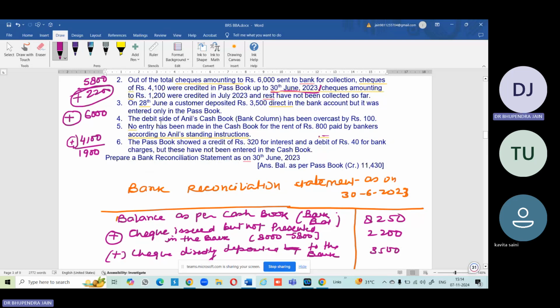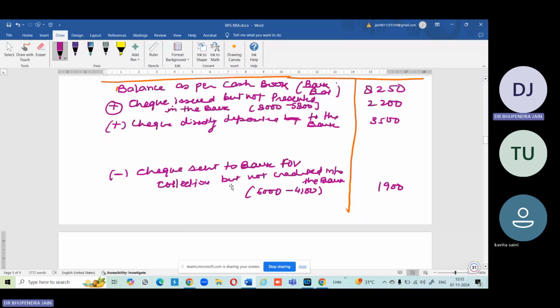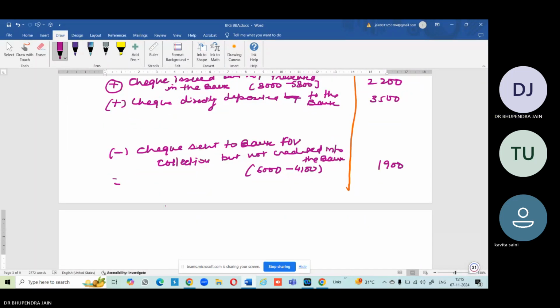The debit side of the cash book bank column has been overcast by rupees 100. Our bank balance in the cash book wrongly shows an overcast of rupees 100, so we have to subtract rupees 100.